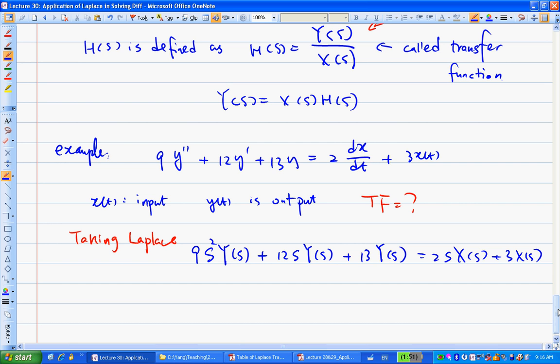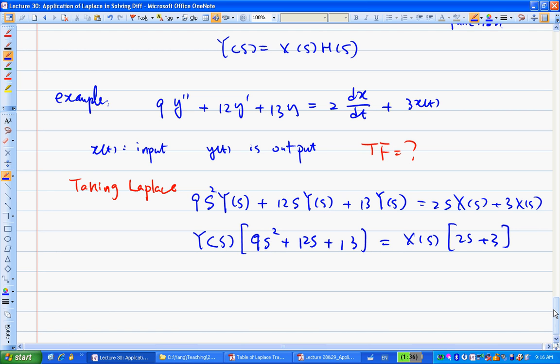So what are we trying to find? We're trying to find a ratio between the Laplace transform of the input and the Laplace transform of the output. So let's obtain the Y of s. This side, group the similar terms. The other side, group the similar terms.